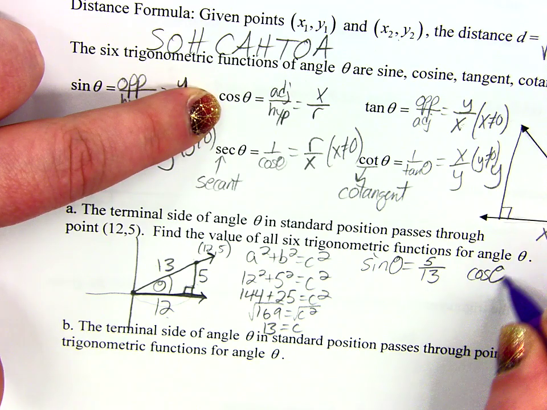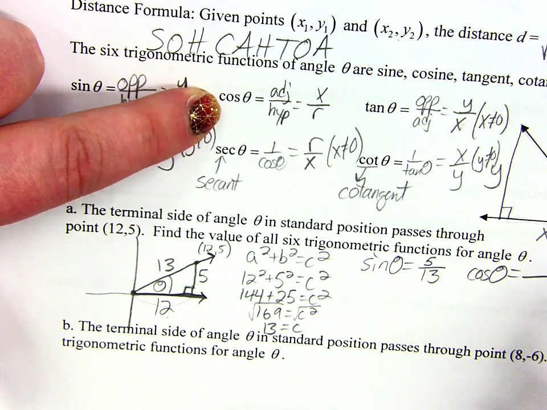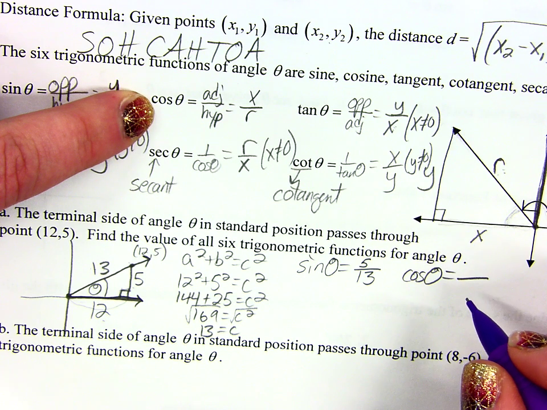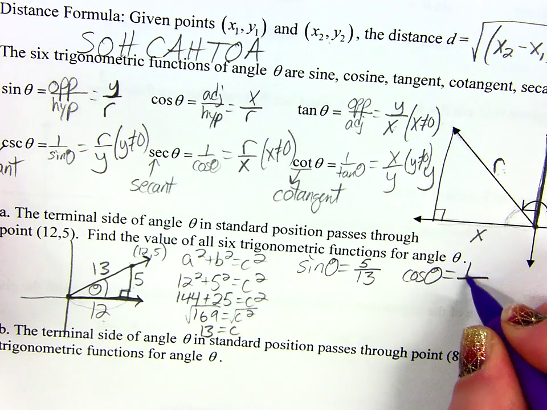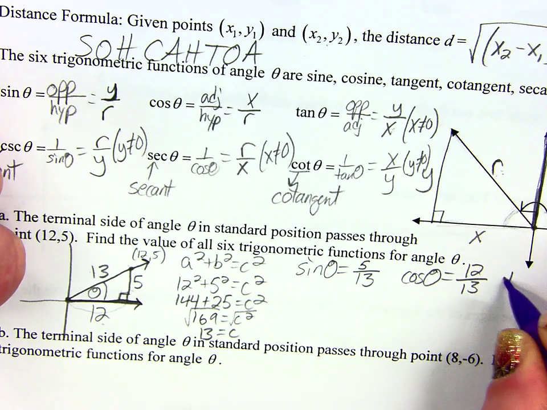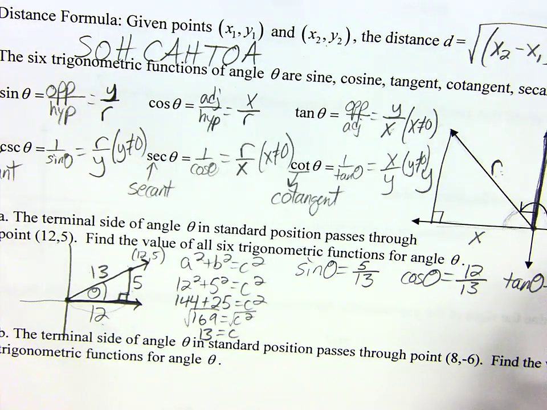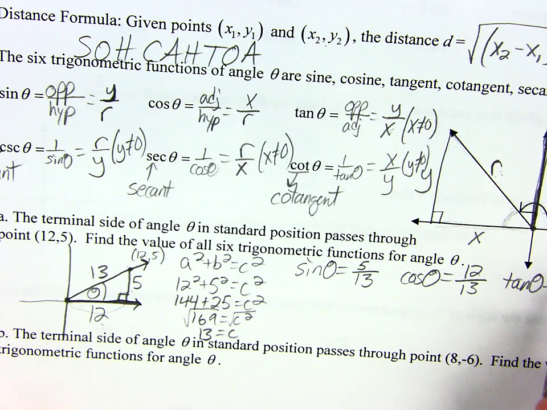Cosine, that's supposed to be x over r, so that would just be 12 over 13. Tangent, that's y over x, so that is 5 over 12.